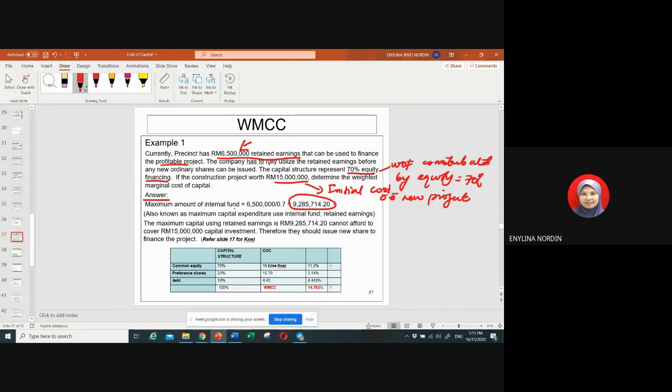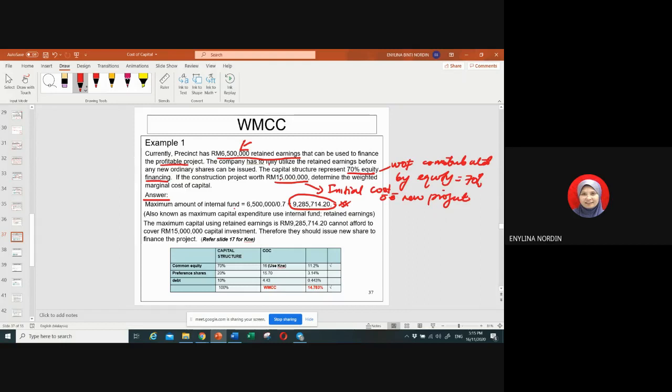The value is 9.8285714 million. So this is the maximum capital expenditure to be used from the internal fund. Now we compare this amount to the cost of the new project, which is 15 million ringgit.